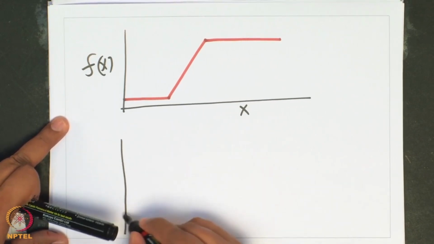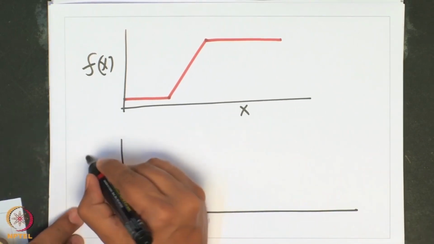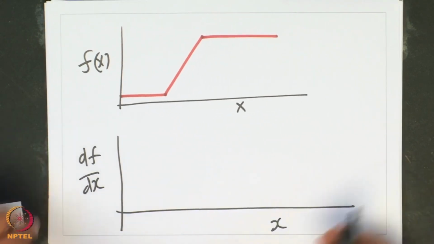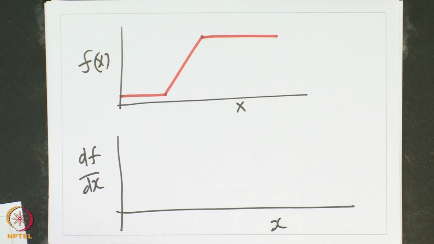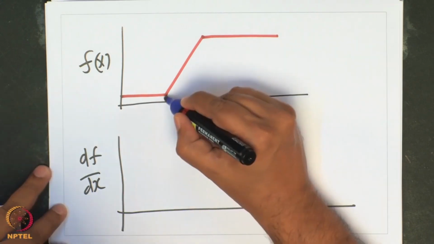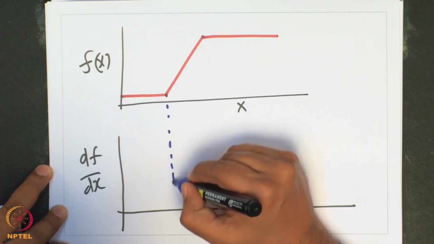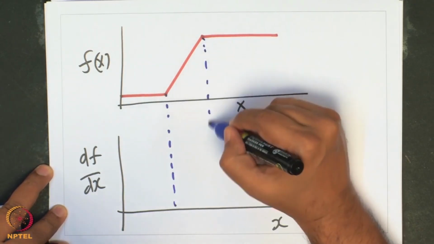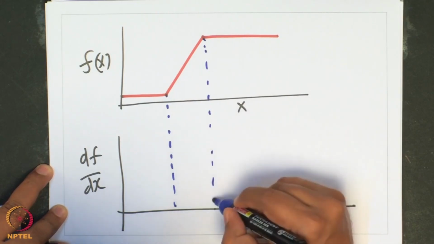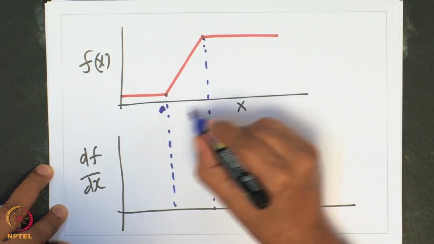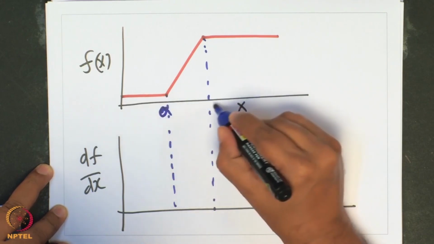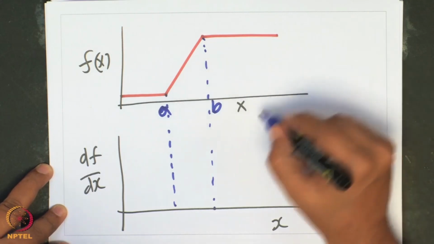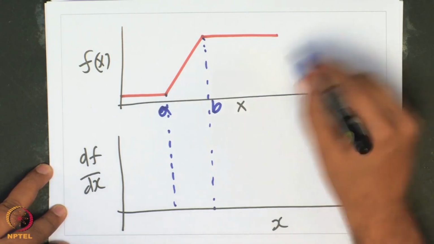Now, what we want is its derivative, df by dx versus x. This is what we want to plot, and what we know is that up to this point the function is constant. Between this point, let me call it a, and this point b, between a and b it is like a straight line, and then beyond that the derivative is 0.